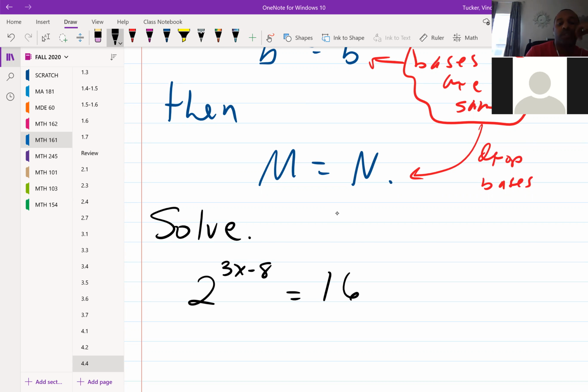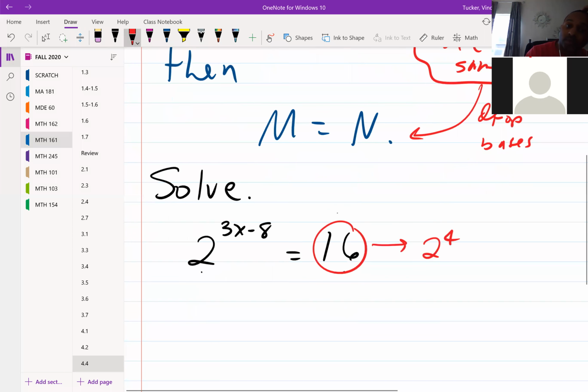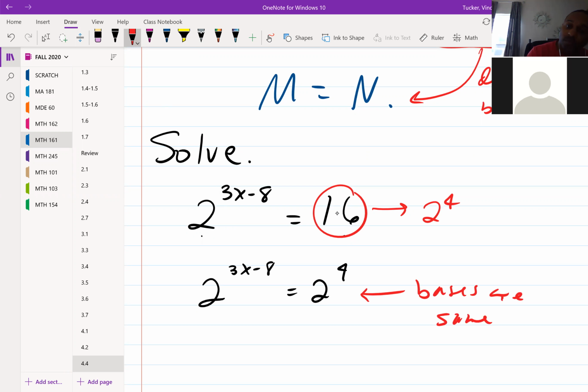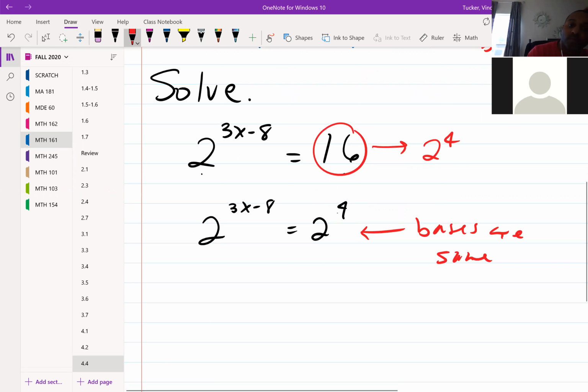So the goal here is to see if it's possible to make one of these bases look like the other. And I can do that by looking at the 16 and recognizing that 16 is 2 to the 4th power. So that means I'm looking at 2 to the 3x minus 8 equal 2 to the 4th. Now my bases are the same. And that means I can drop the bases.